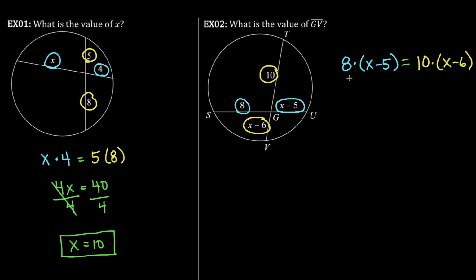So we get 8x minus 40 equals 10x minus 60. And then I just solve for x, so plus 60.